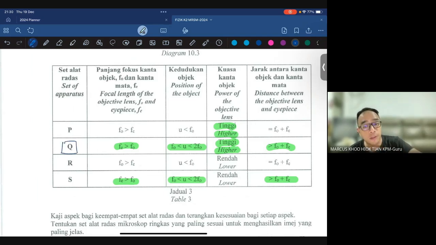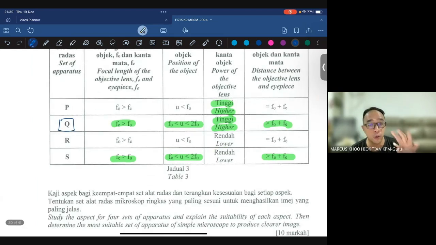Okay, let's talk about the reasons first. For FE is more than FO, the most important reason is you have high linear magnification. High power, produce bigger image, high linear magnification, I think is the nicest answer.